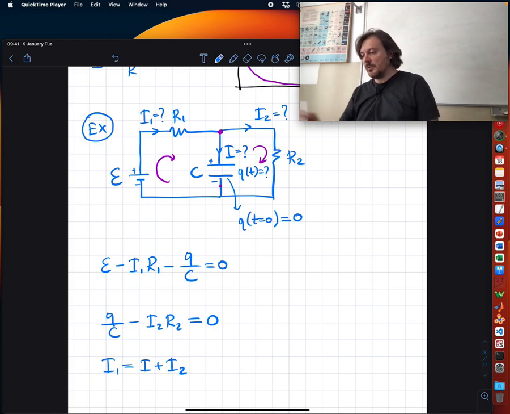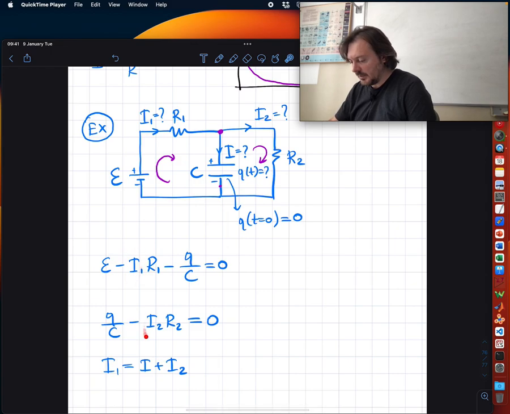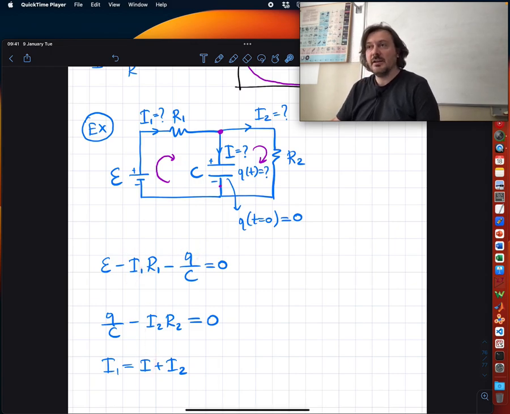But that creates a problem because it introduces a new variable. So how many variables do I have here? 4, right? Because I1, I2, I, and Q. But I have 3 equations. I need one more equation, and hopefully that one would not bring yet another variable, right? So what is that equation? Can anyone guess?